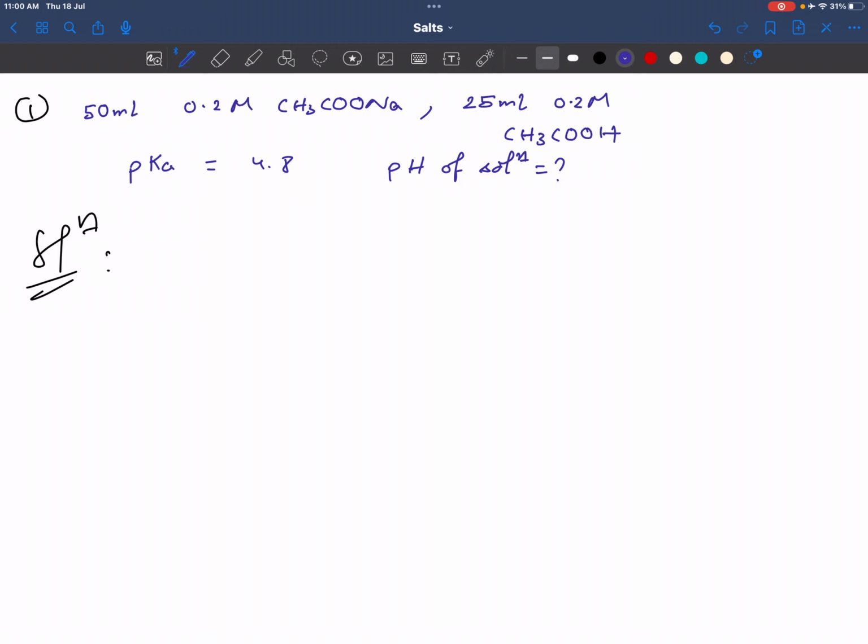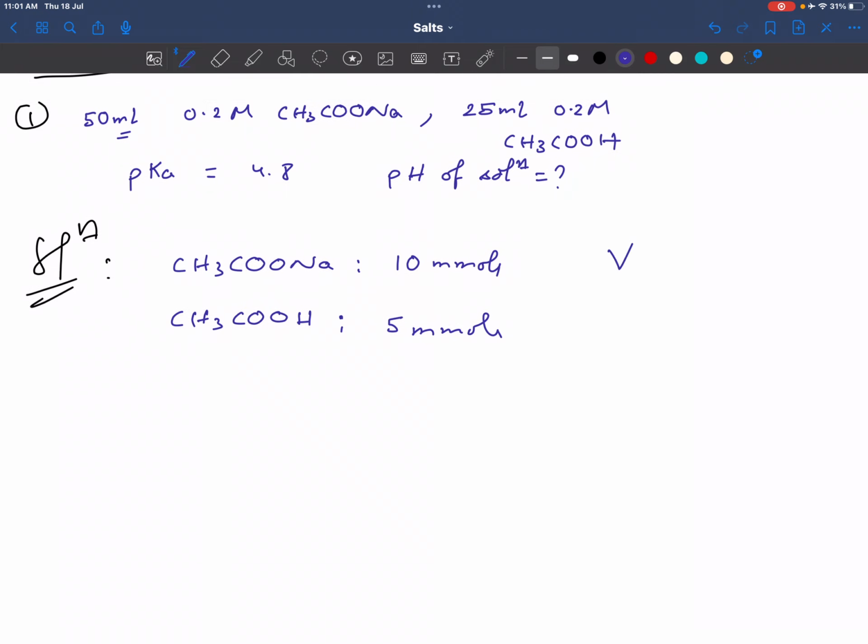Now let's see how many moles of CH3COONa we have. 50 into 0.2 is 10 millimoles, because we're taking milliliters. CH3COOH: 25 into 0.2, which is 5 millimoles, right? Finally, volume is same, so their concentrations are 10 upon V and 5 upon V respectively.